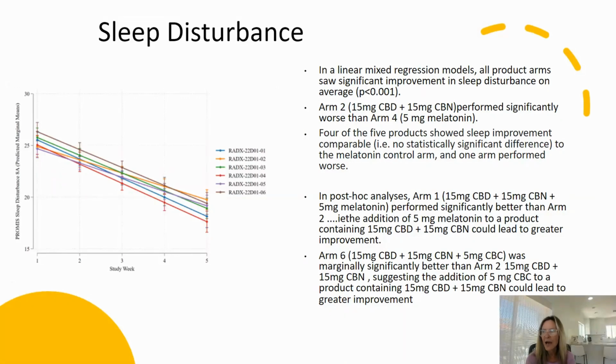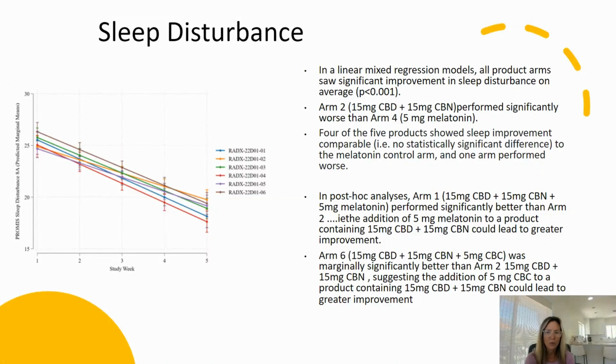And what we found was that all of our 6 arms experienced a significant improvement from baseline. So a significant improvement in sleep. And that's what you see in the graph there. You can see that, yeah, they slept better.